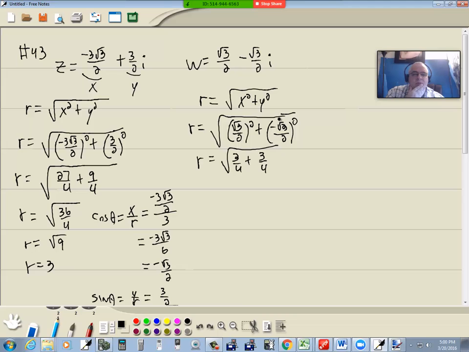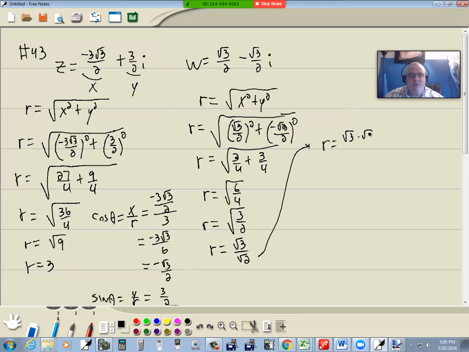Yeah, 3/4. 3/4. Which gives us 6/4, which gives us 3/2. And split that up, and that would give us a square root of 3 over square root of 2. Multiply top and bottom by the square root of 2, and you get square root of 3 times square root of 2 over square root of 2 times square root of 2, which is square root of 6 over 2. This doesn't seem right.